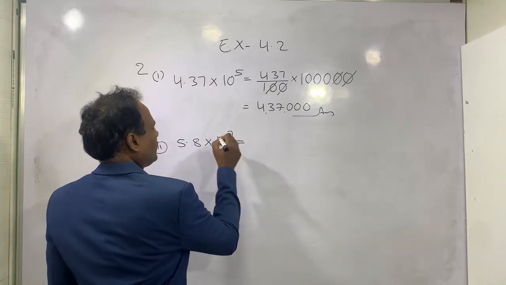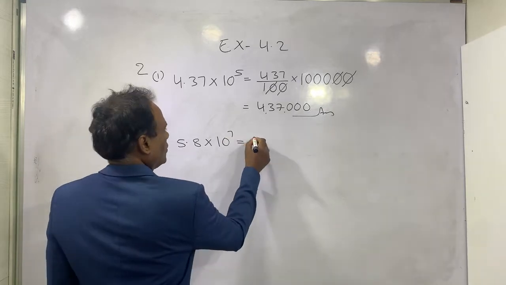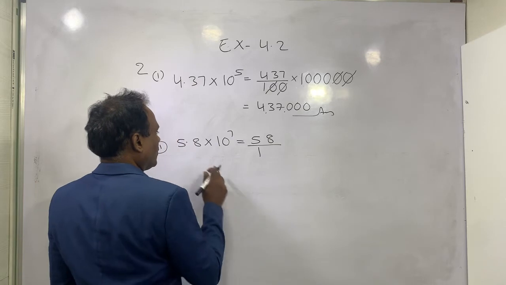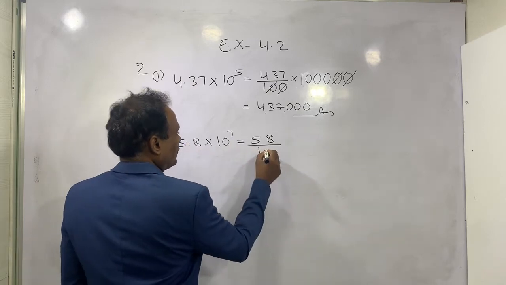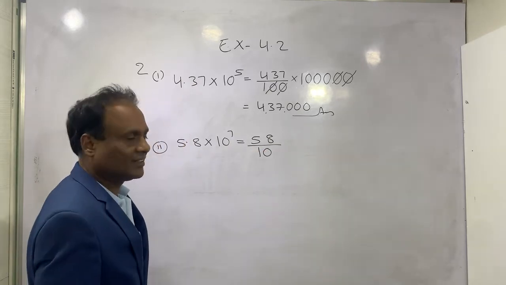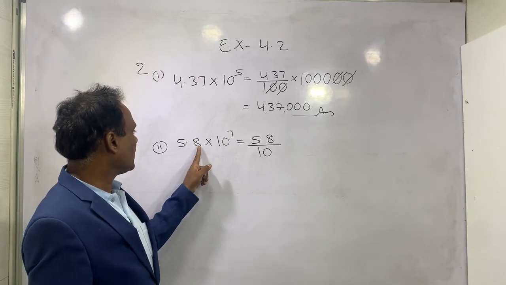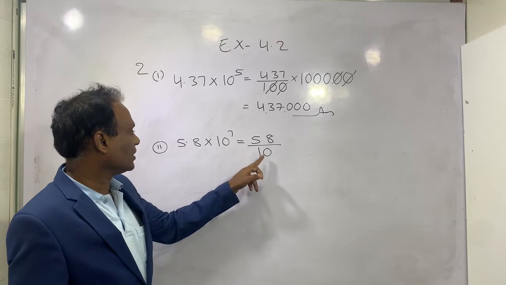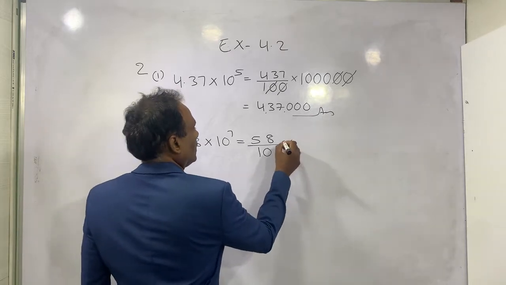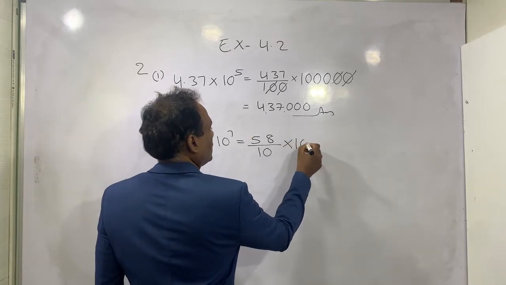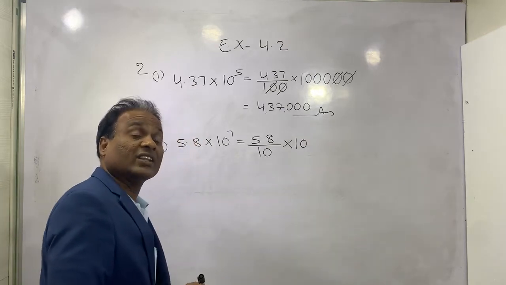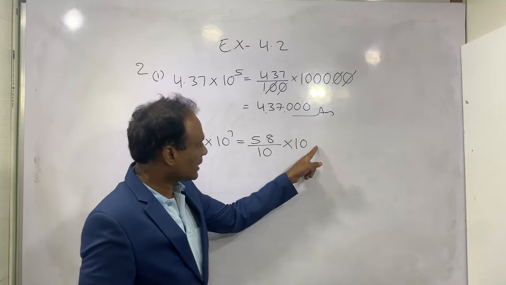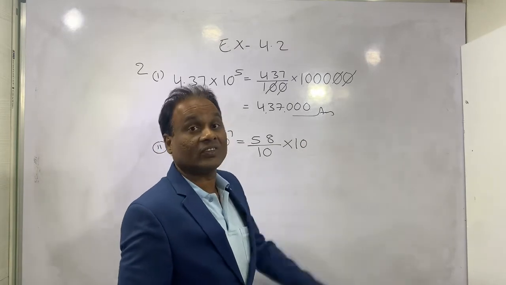Same model. 5.8 is 58 by 10, because after the decimal there is 1 digit, so 10. 10 power 7 is 10 into 10 into 10, 7 times.